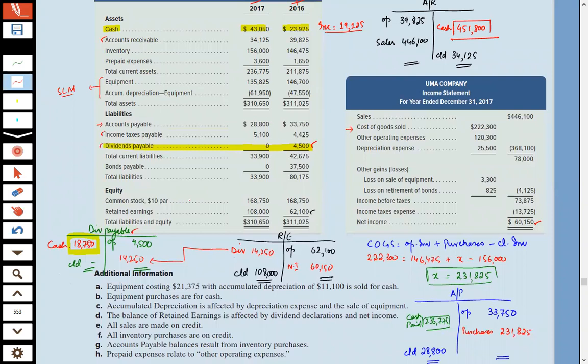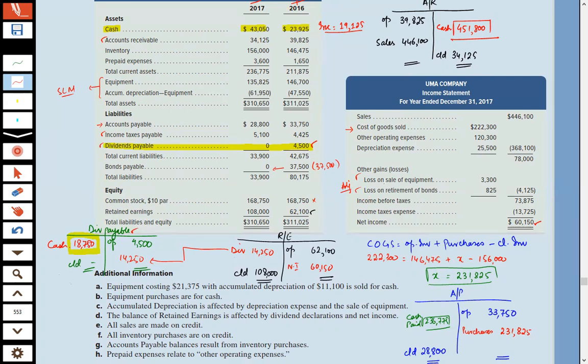We have paid off from 37,500 to nil. We have paid off the 37,500 liability, cash outflow. Common stock, $10 par, we have not issued a single common stock, therefore there will be no cash impact in this. Loss on equipment, loss on retirement of bonds, adjustments, that will be directly in the cash flow under the indirect method of operating activities.